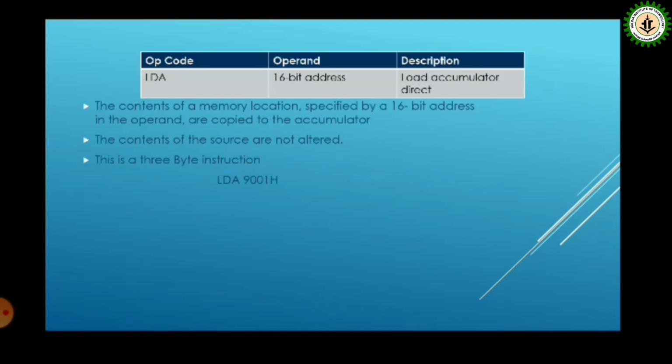The contents of the source are not altered. This is a 3-byte instruction. So if the content of memory location 9001 is, suppose, 5AH, then after this instruction, the content of the accumulator will be 5AH.